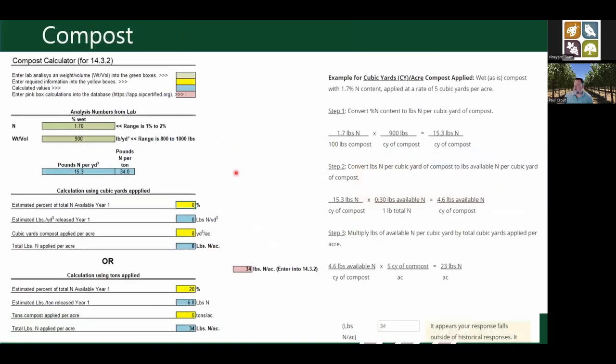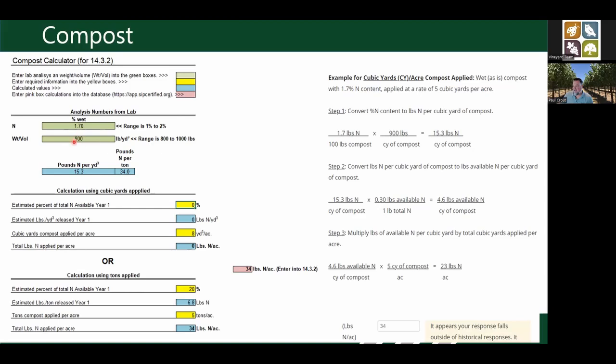So here's the compost calculator. I know this is really complicated, but I think it's pretty simple once we enter the information in the calculator. So you got your compost lab analysis, and it indicates 1.7% nitrogen, and then they'll also give you a weight to volume.